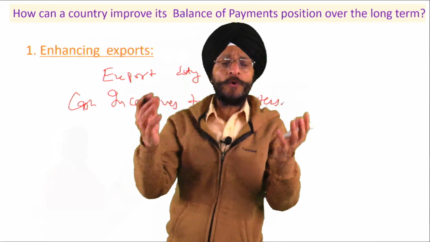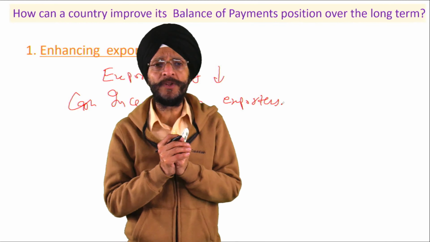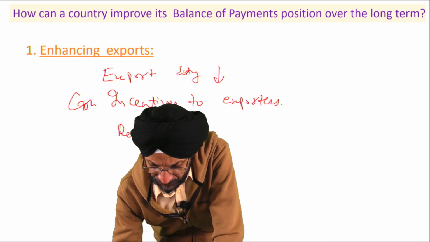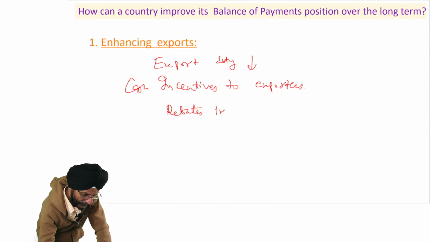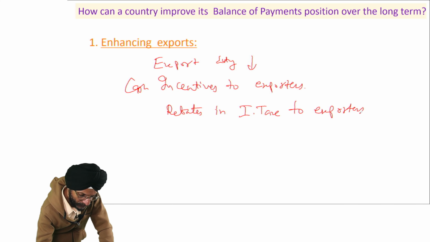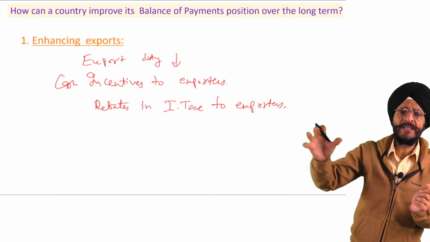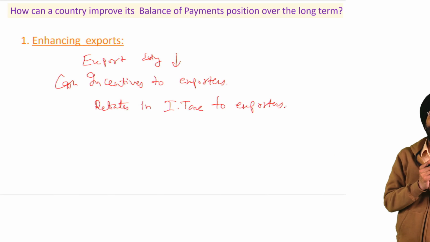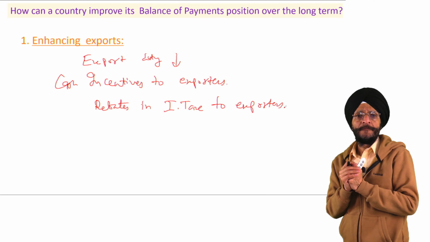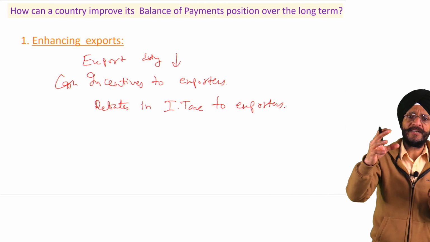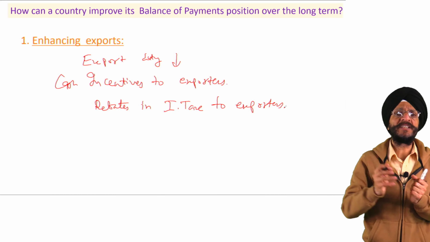Or not only reducing export duty, we can also give rebates in income tax to exporters, or we can also give some sort of rebates in some local taxes which we impose normally. And in the case of exporters, we may give certain rebates in domestic taxes.